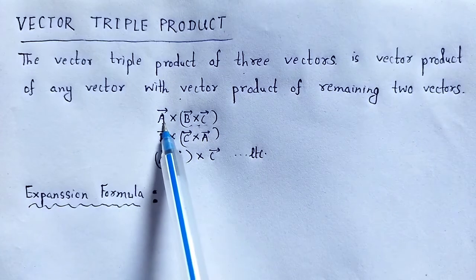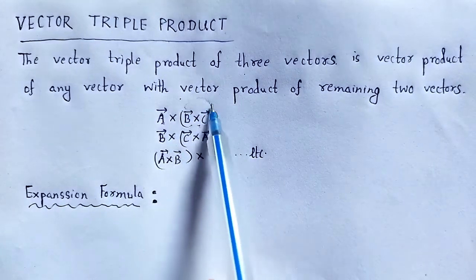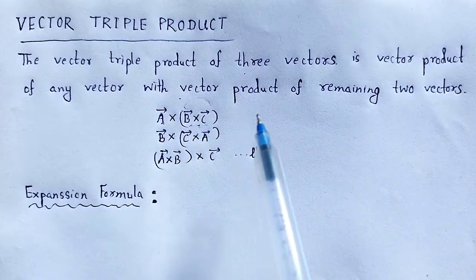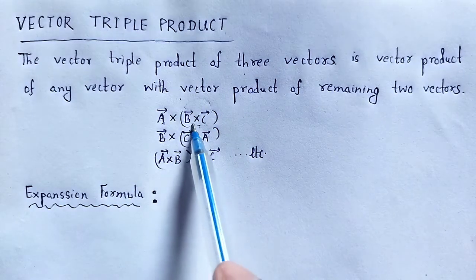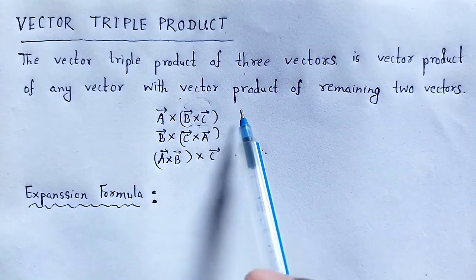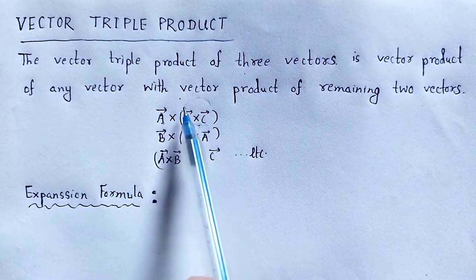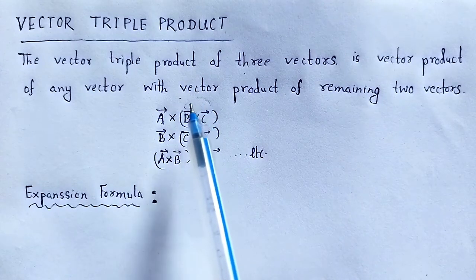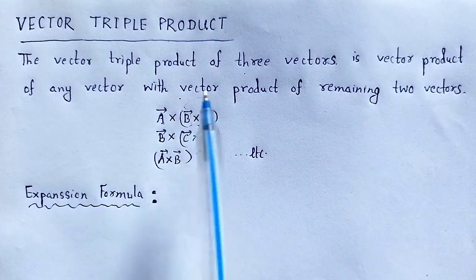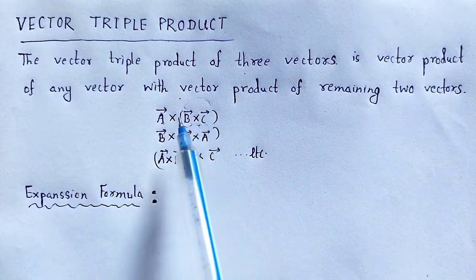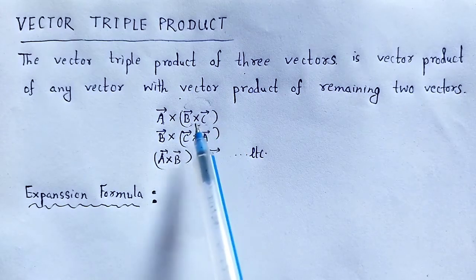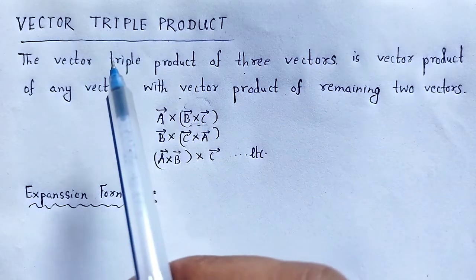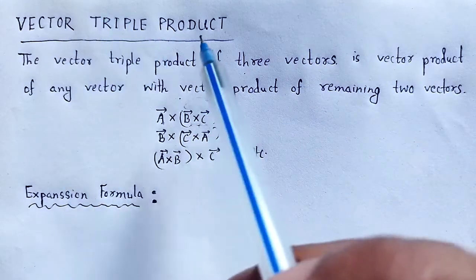As the vector product of two vectors results in a vector, and when a vector is cross product with another vector it also gives a vector, since the result is a vector quantity and three vectors are included in the operation, the name is vector triple product.